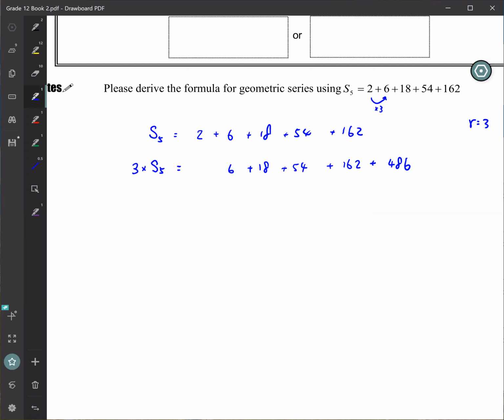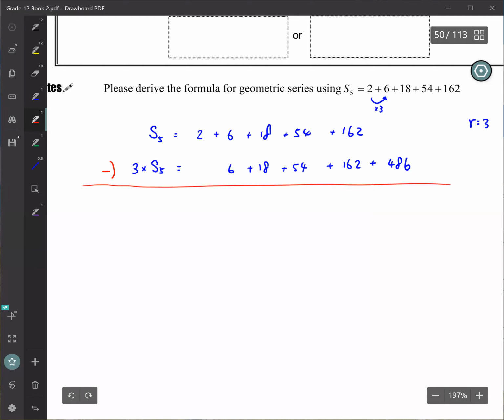Okay, any questions so far? So now what we are going to do is, because you can see that in the middle, there are terms that are the same, okay? So if I subtract, okay, I do a subtraction. So I would have, on the left side, it will look like this, S5 minus 3 S5, right?